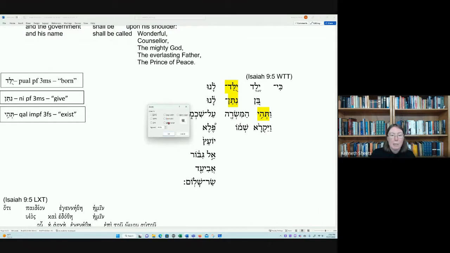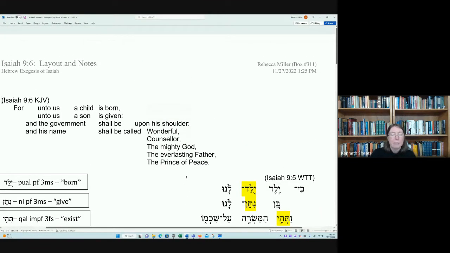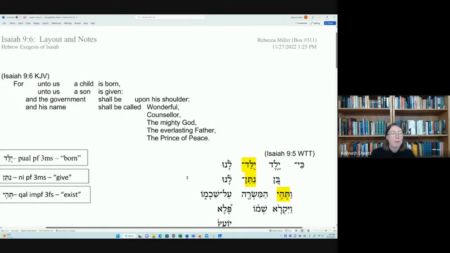Now, at this point, I do want to take us over to this particular verse, and we can begin to see some of these pronominal suffixes on prepositions as we're dealing with a particular text. And this particular text seemed rather fitting now that we have had Thanksgiving and we're getting ready to move into the Christmas season.